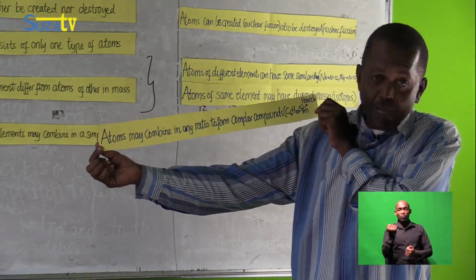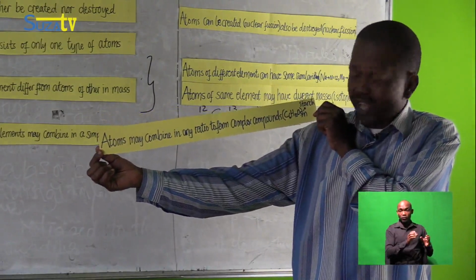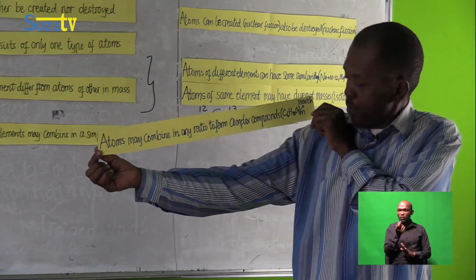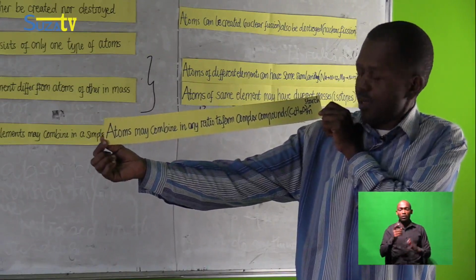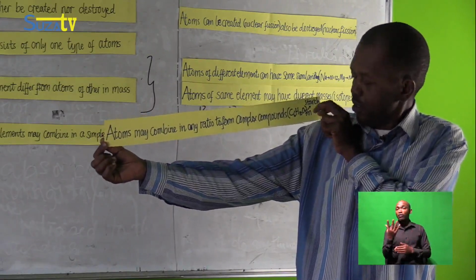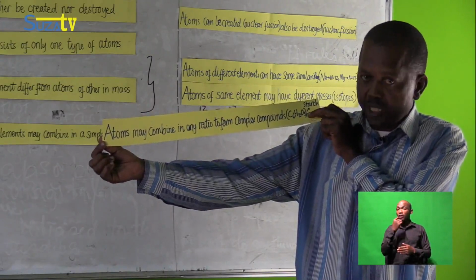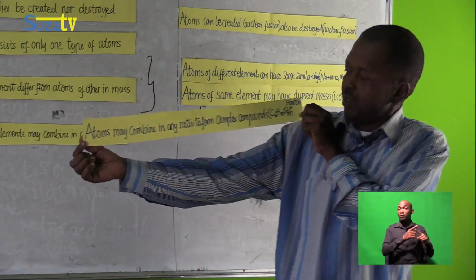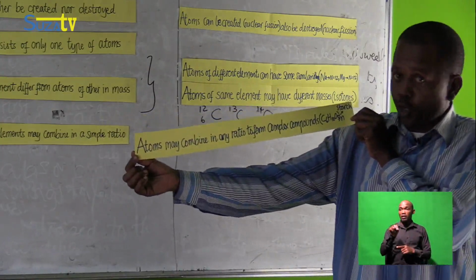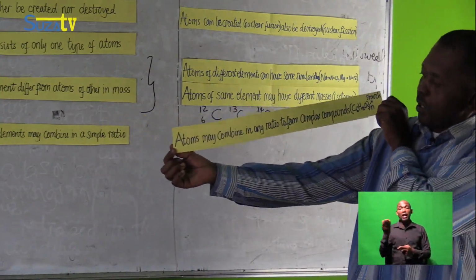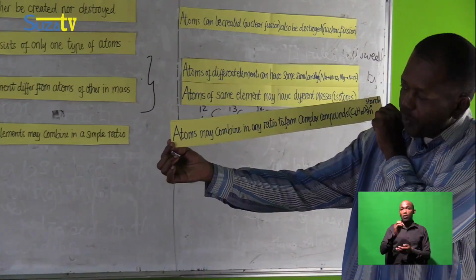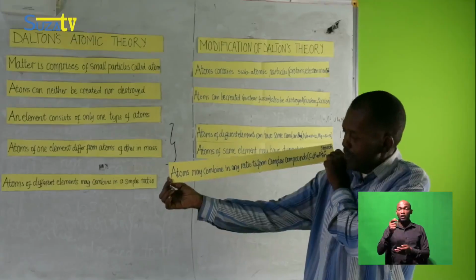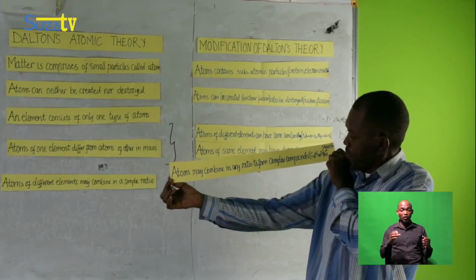Here we have an example of a starch molecule where the number of carbon is 6, hydrogen is 10, and oxygen is 5. So there is a multiple of n, where n is a whole number. So this modification says atoms may combine in any ratio to form complex compounds.